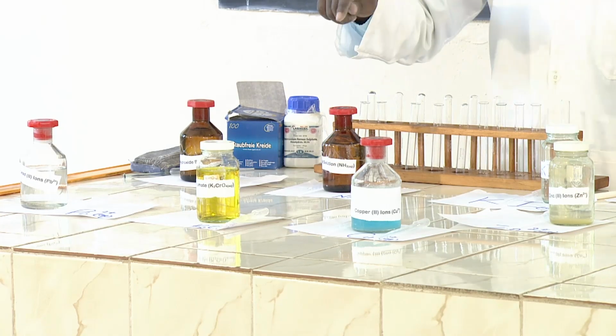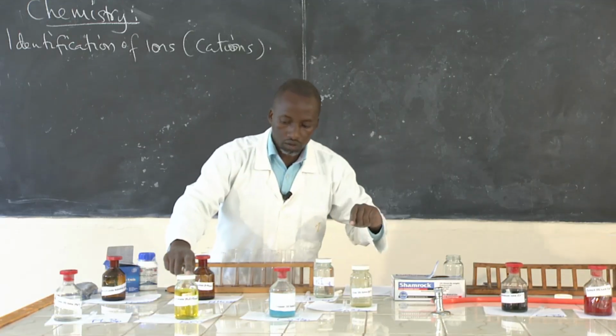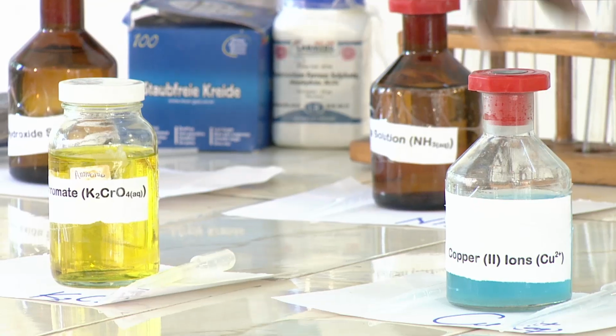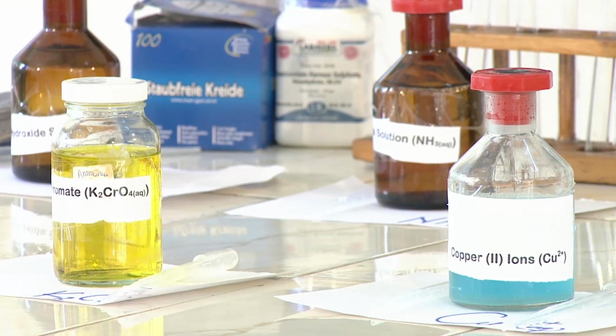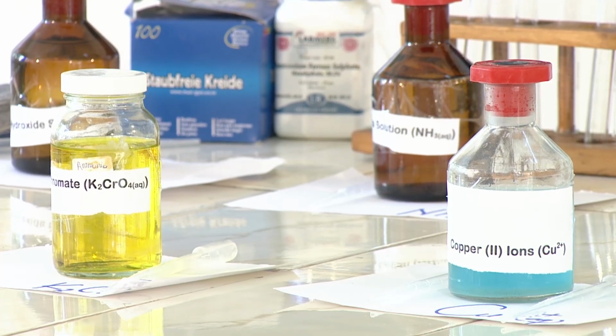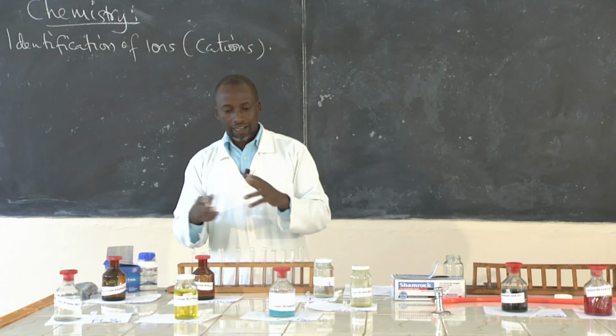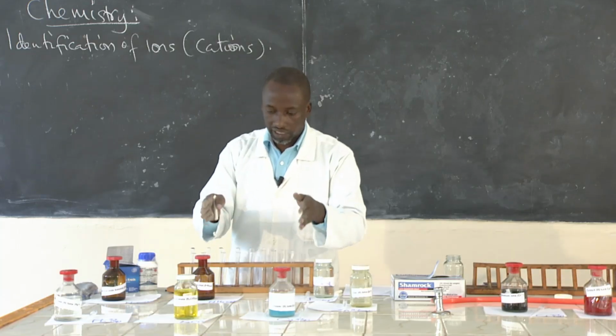When you look at these solutions, potassium chromate and copper, there is a unique characteristic: they are colored.